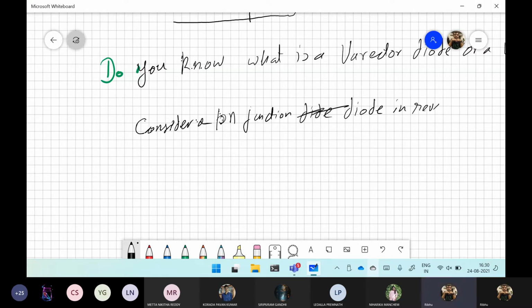Reverse bias. I'm not that good with devices, so correct me wherever I am wrong. This is P, this is N, and I apply negative voltage here, positive voltage here.